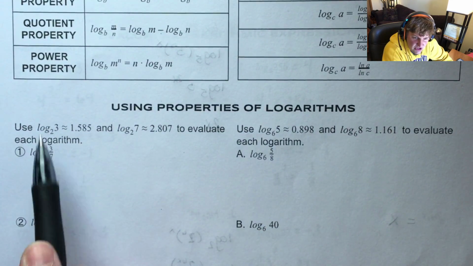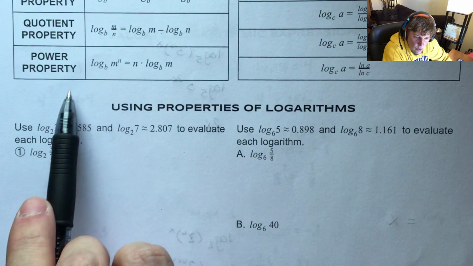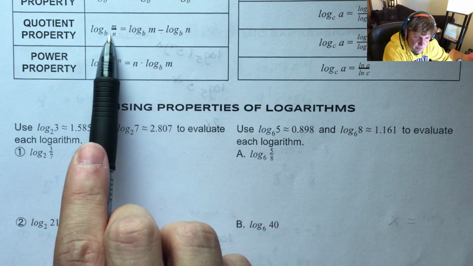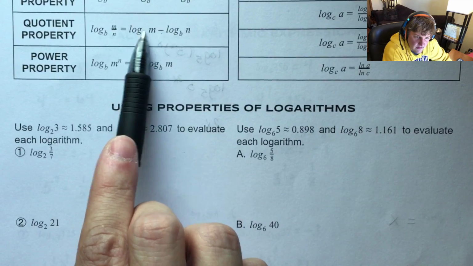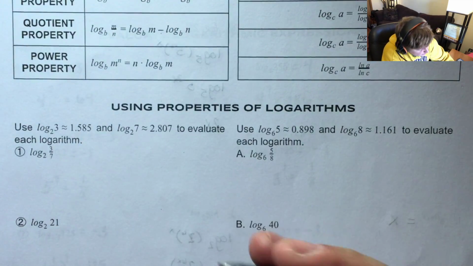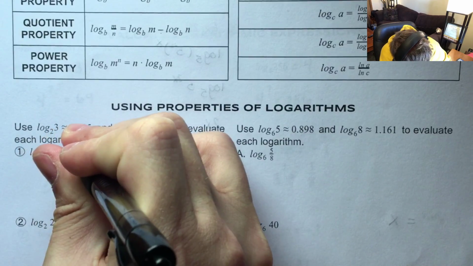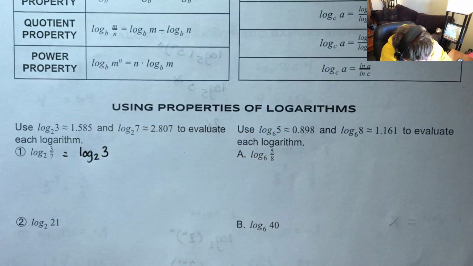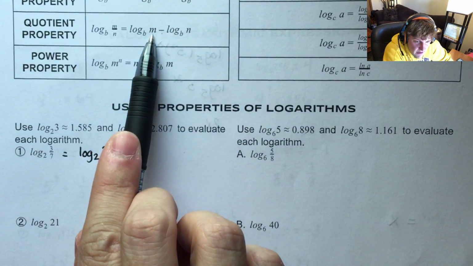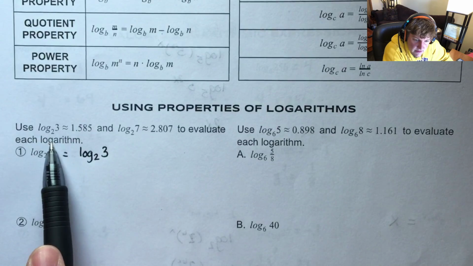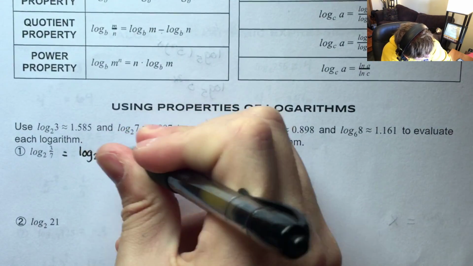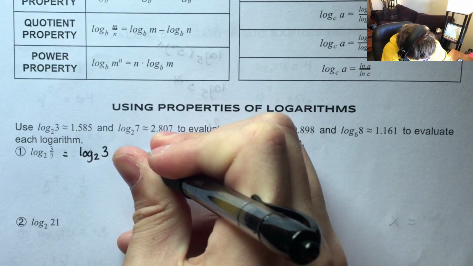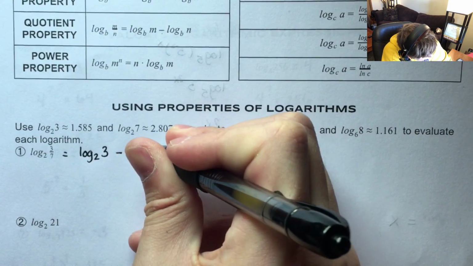I have the division here, so let's look at this quotient property. What I can do is split this up into a logarithm that involves two things without division here. So I can say that this is the same as log base 2 of 3, this is the first part, minus log base 2 of 7.